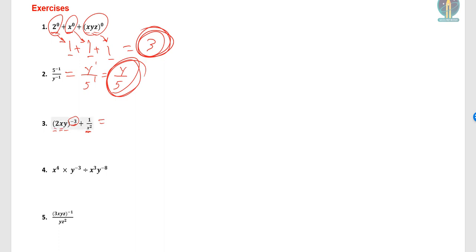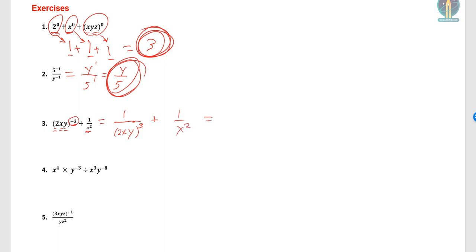The 2, the x, and the y. But we can keep them in parentheses for now, just to keep things simple. So this is just 1 over 2xy to the plus 3 power, plus 1 over x squared.